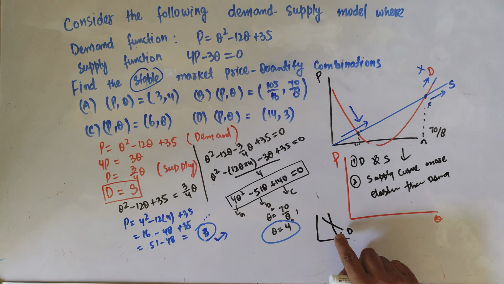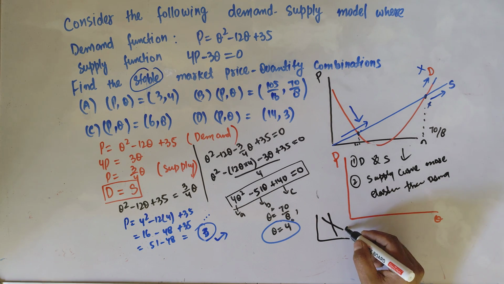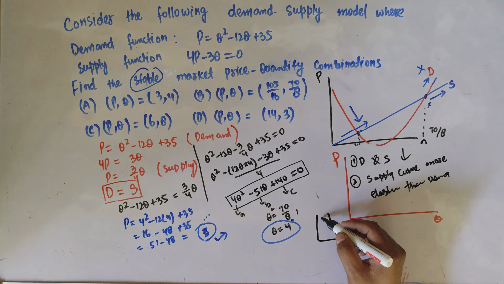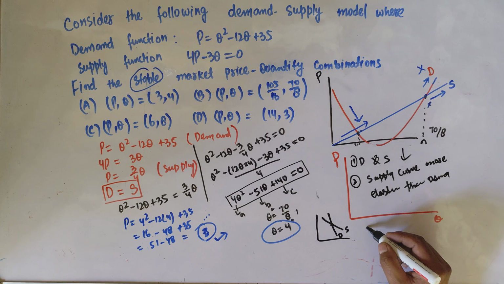Let us say this is our supply function and this is our demand function. Here you can see this is more elastic compared to this, so this point will denote our unstable equilibrium.